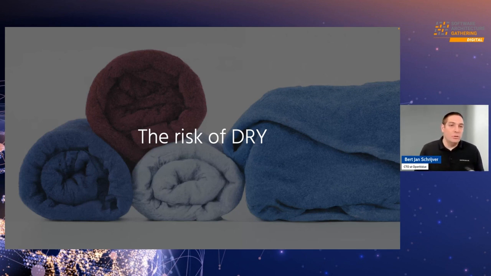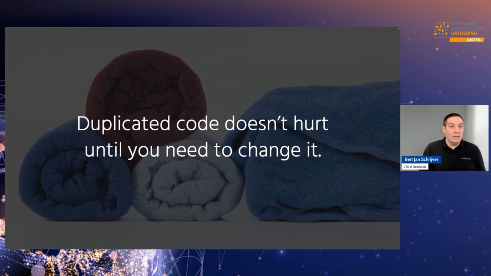But my point is that you shouldn't follow DRY in a vacuum. If you have code in one place and you copy it to another place, it's not necessarily a problem. Sure, it is there in two places, but I'm going to make an important point. And this is that duplicated code doesn't hurt you until you need to change it.